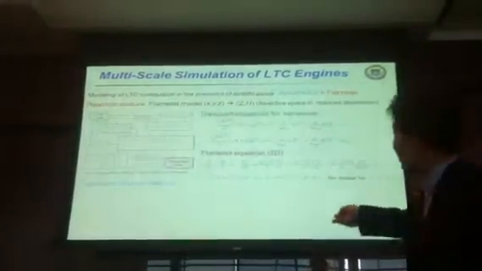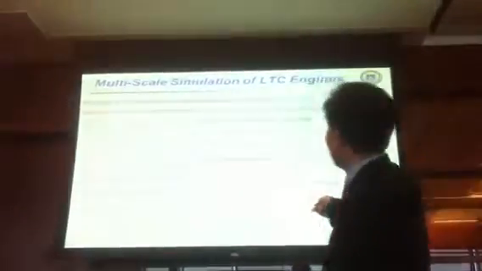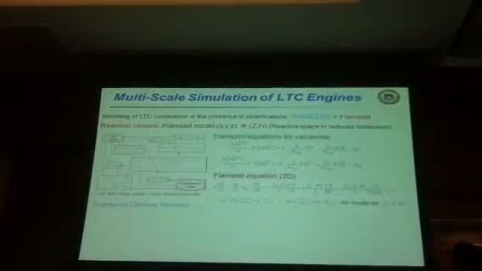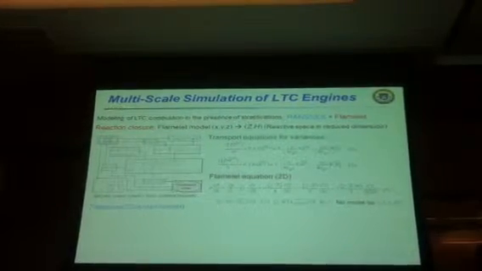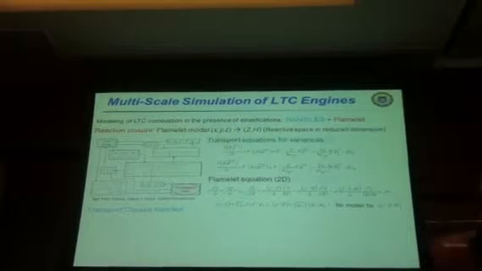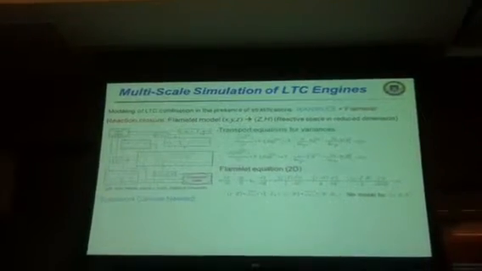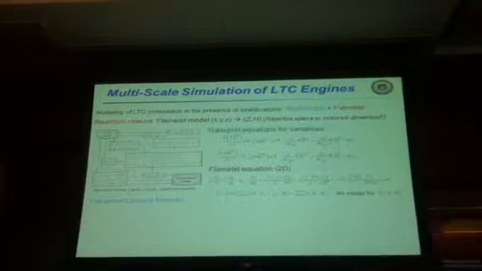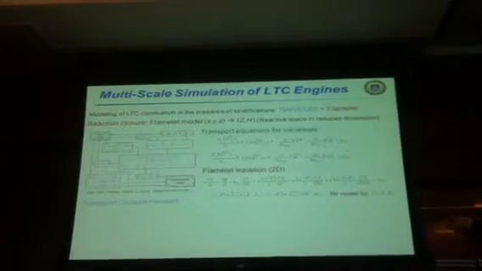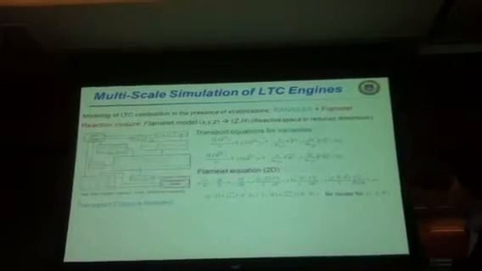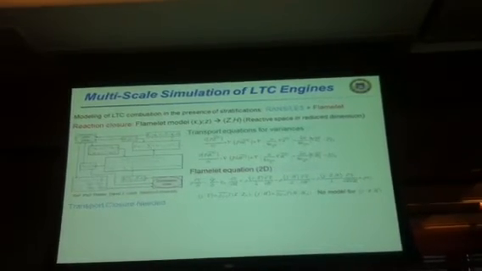Without dwelling on a whole lot of detail in this figure, basically the combustion code part is a reactive space. That's where all these reaction source terms are computed by this two-dimensional flamelet equation. For the transport equations, in addition to the momentum Navier-Stokes equation, you just need to add a couple more transport equations.